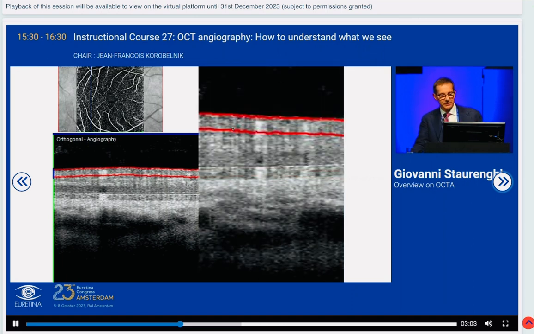What does it mean? It means that if you have a vessel, it's projecting on the deep layer. The problem is, why is it not projecting there? It's the famous avascular area. Well, we have to go back to the OCT.